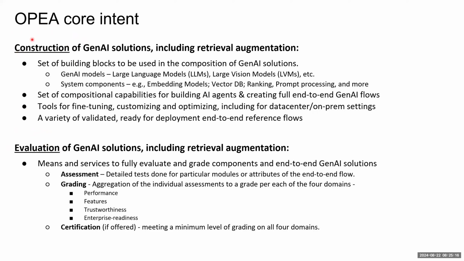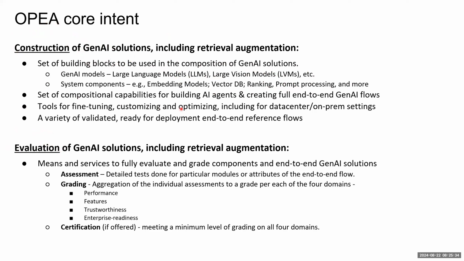The construction piece is how we implement and build GenAI solutions. So we have a different set of building blocks like the large language models, vision models, embedding models, vector databases, rankers, processing for the prompt, and so on and so on.